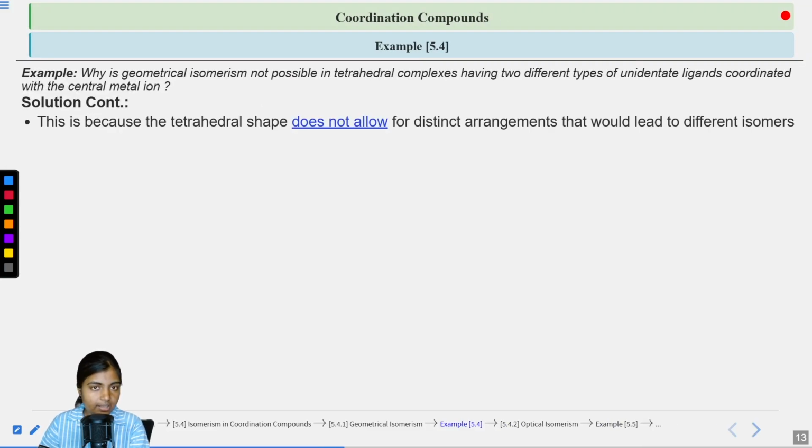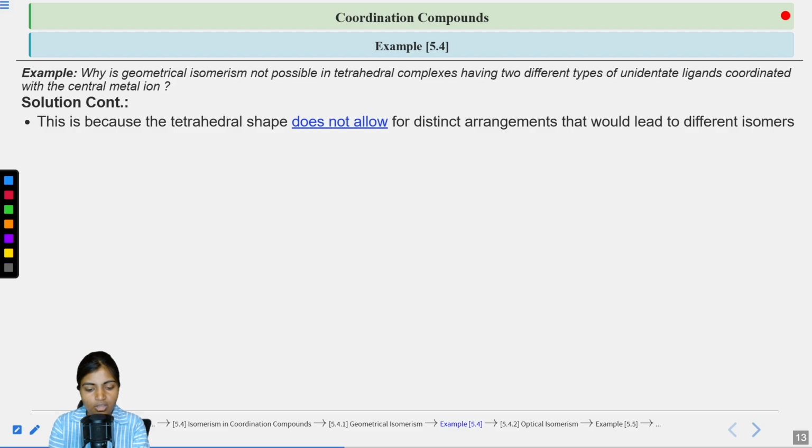Why is this happening? Because the tetrahedral shape does not allow for distinct arrangements that would lead to different isomers. The tetrahedral shape has a particular bond angle, a particular bond length, and a particular geometric arrangement of the atoms.